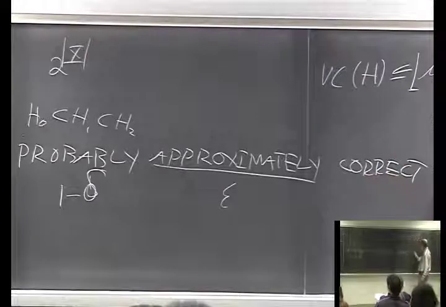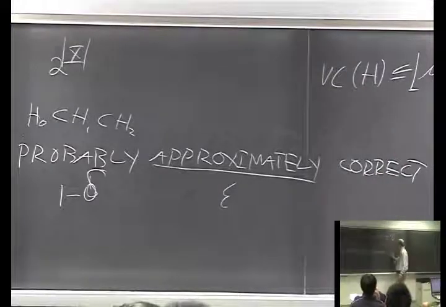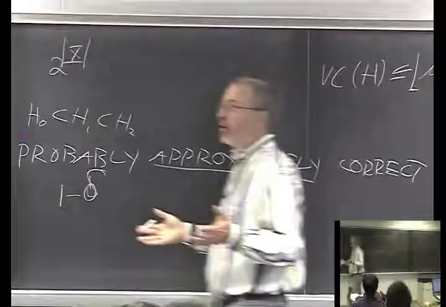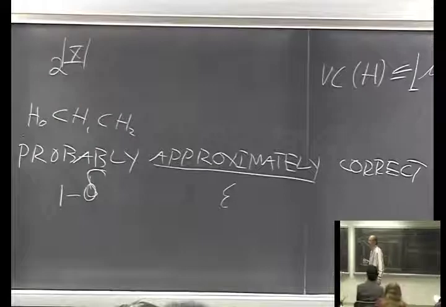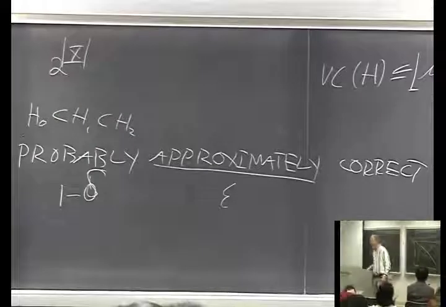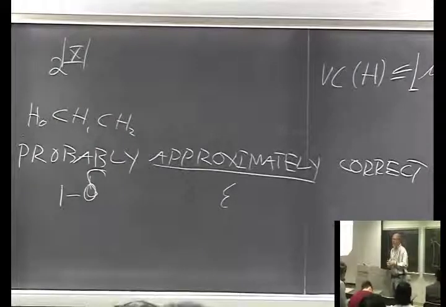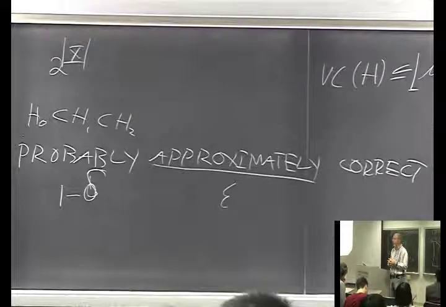Probably approximately correct goes by the acronym PAC. So PAC learning is the whole framework of probably approximately correct learning, developed by Leslie Valiant in, I think, '84, in a paper called The Theory of the Learnable. It was the first time that anybody was able to derive a mathematical result that said something meaningful about whether we are going to succeed in learning.